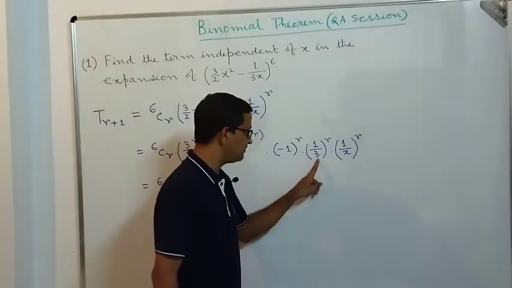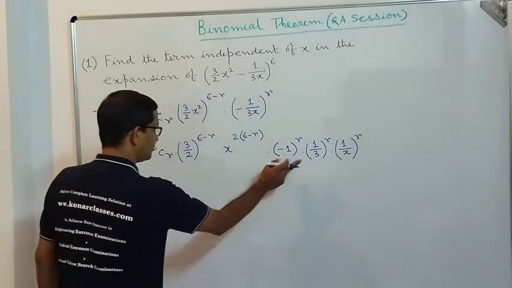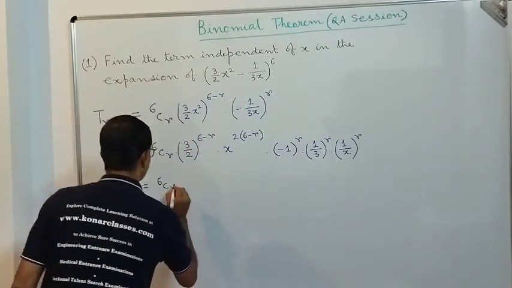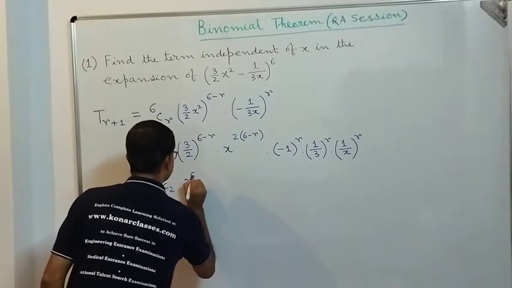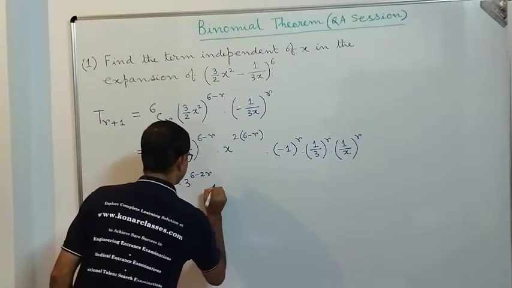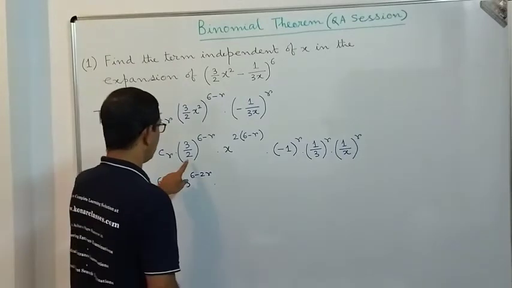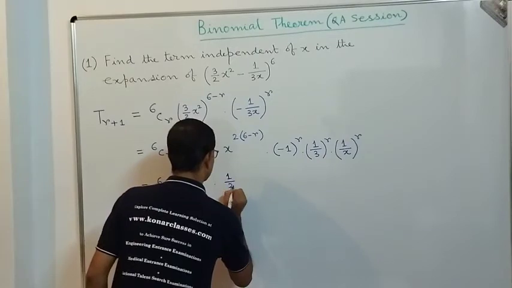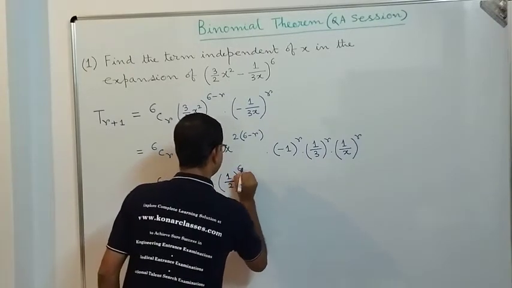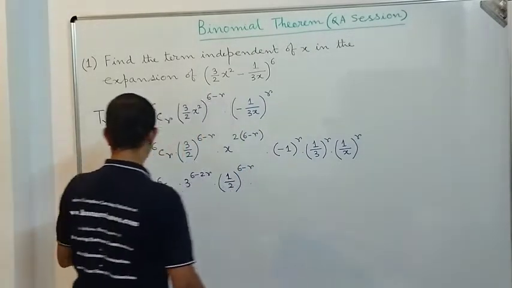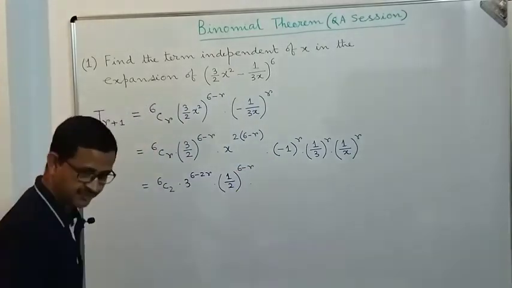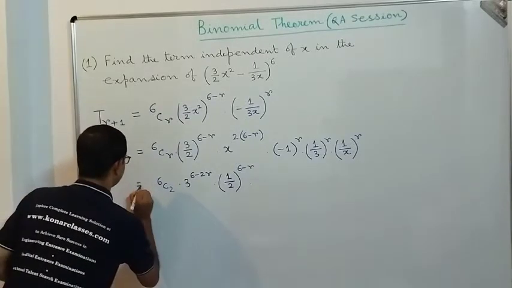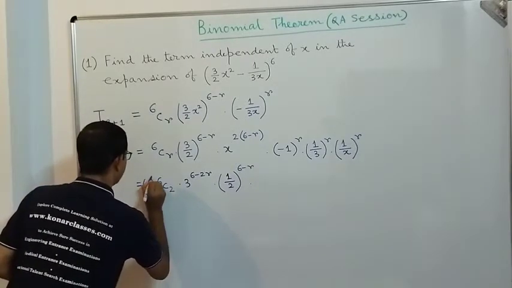(1/3)^r means what? 3^(-r). So 3^(-r) and 3^(6-r) together mean 3^(6-2r). Correct? Into (1/2)^(6-r), into (-1)^r, which we can write here.